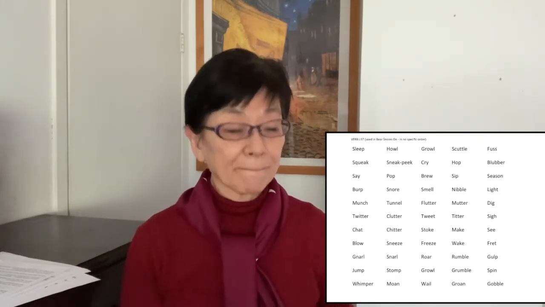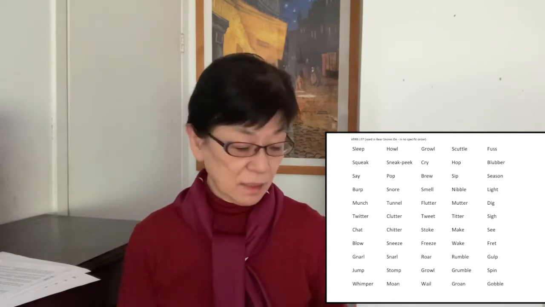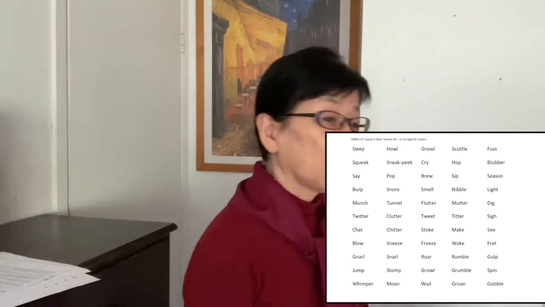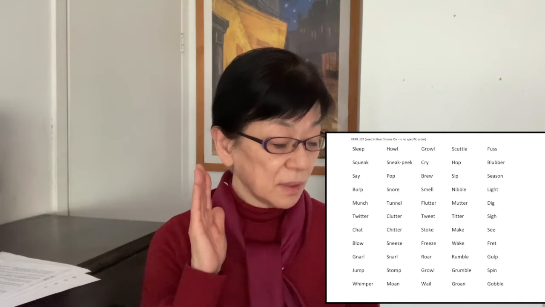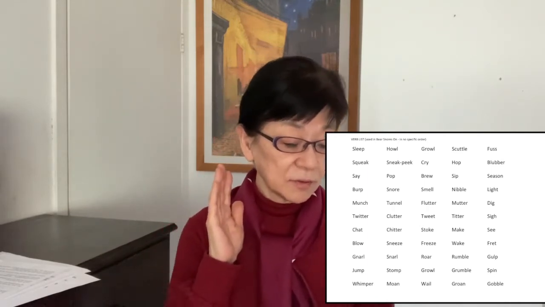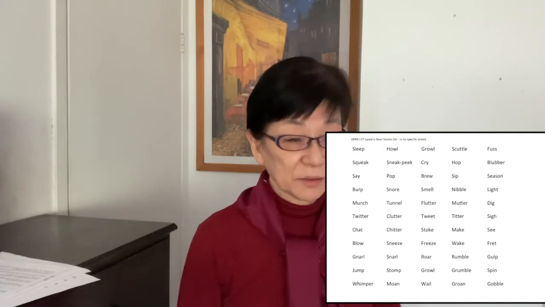Wail and whimper. Who was that? Who wailed and who was whimpering? The bear, right. Okay, next. Joe, you got groan. A deep sound made to show pain, grief, or sadness. There's another similar verb the writer was using.